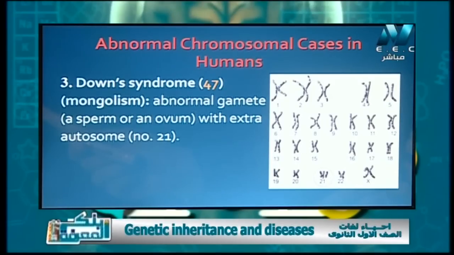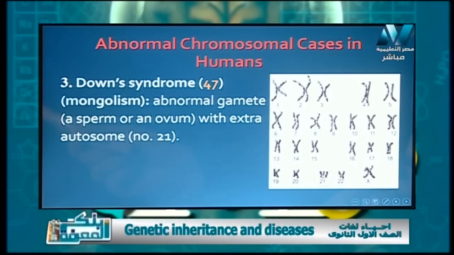This increase in number, the excess chromosome, is not due to excess sex chromosomes, but to the presence of one autosome more than normal in pair 21. So pair 21 is not a pair, they are 3 chromosomes.